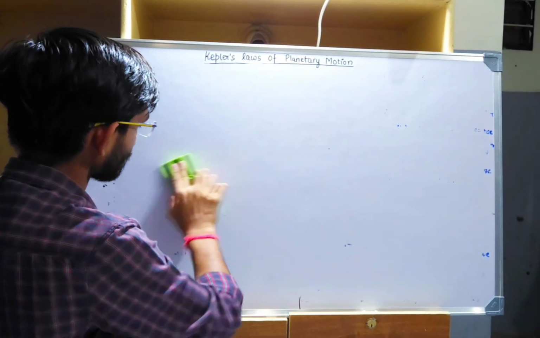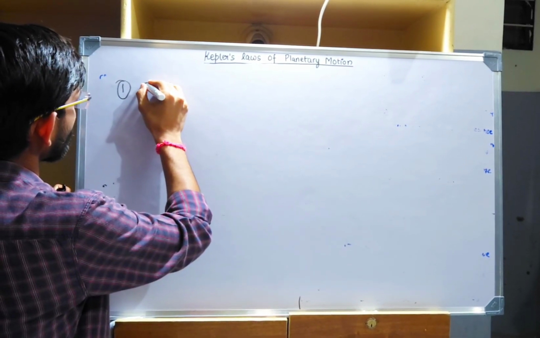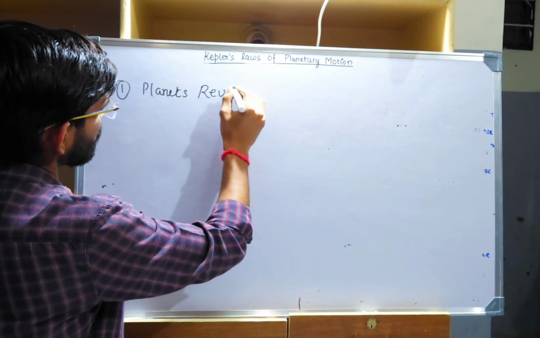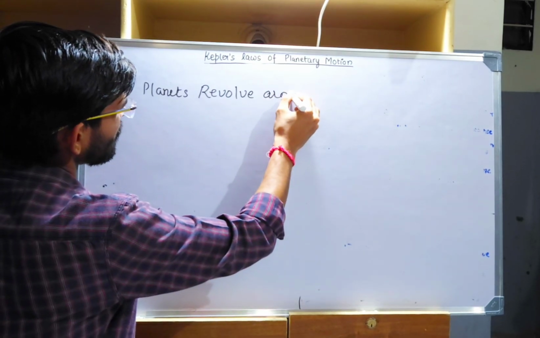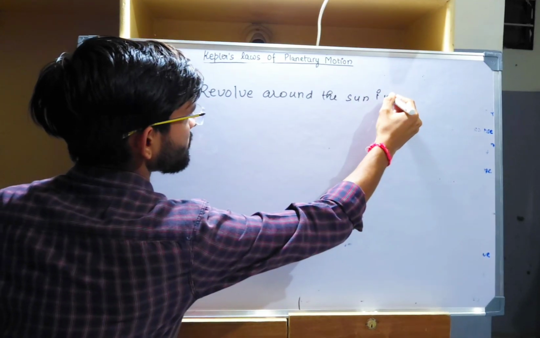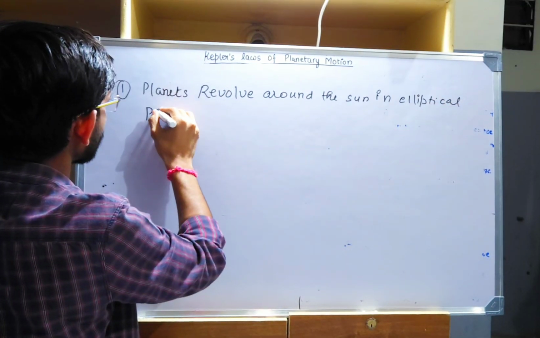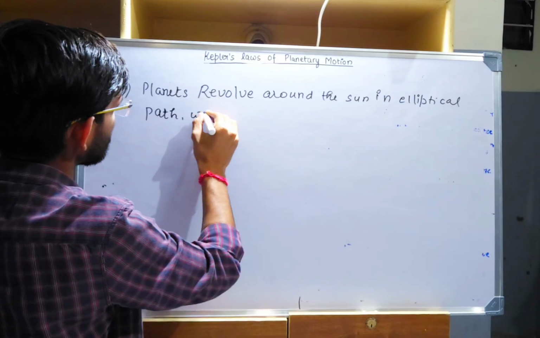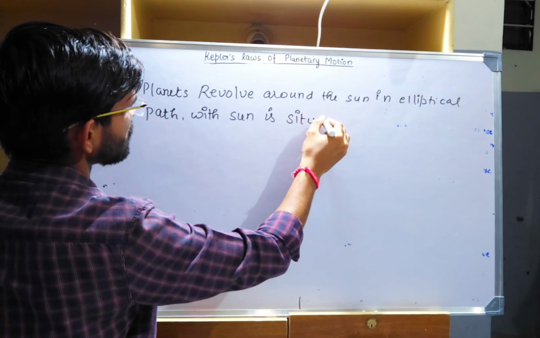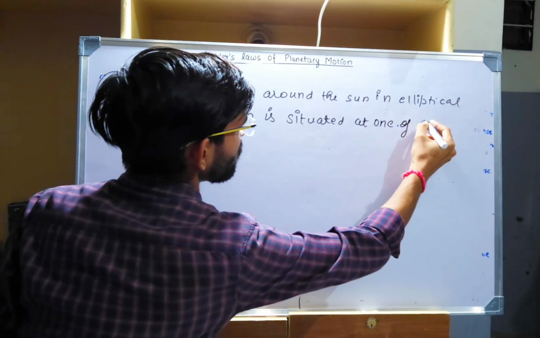Now coming to Kepler's first law. Kepler's first law is: planets revolve around the sun in an elliptical path, with the sun situated at one of the two foci.